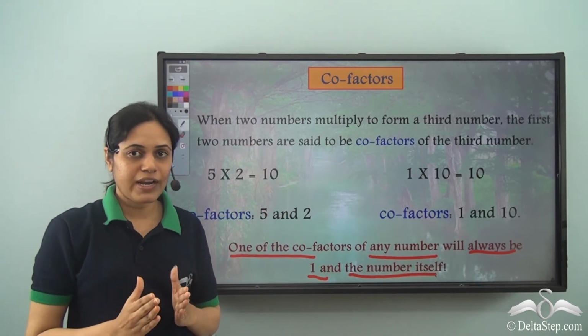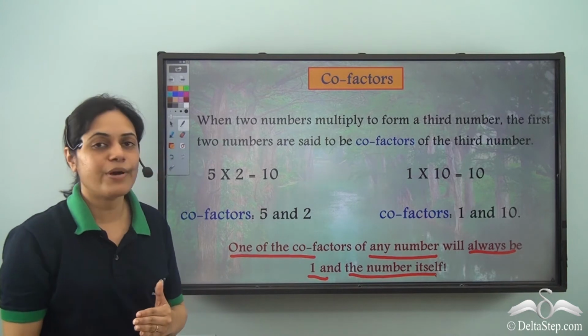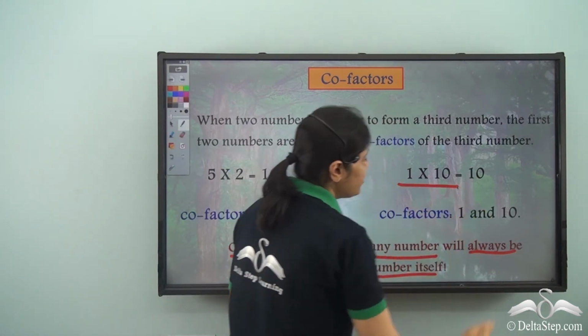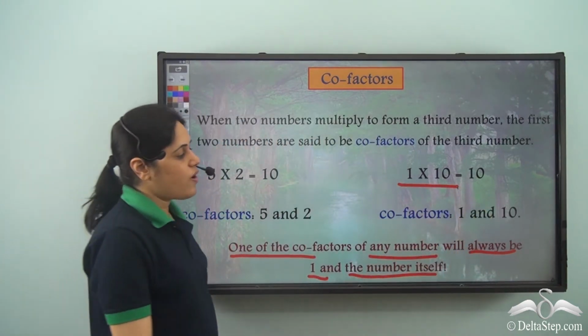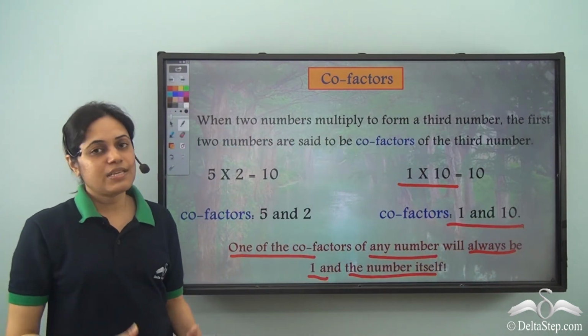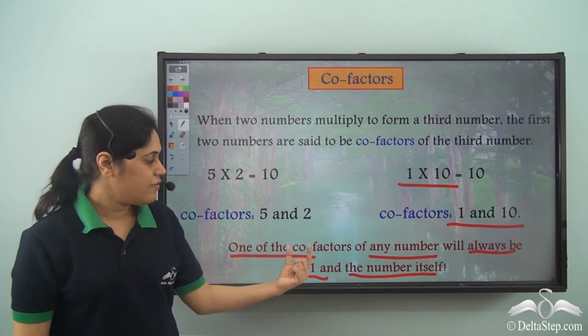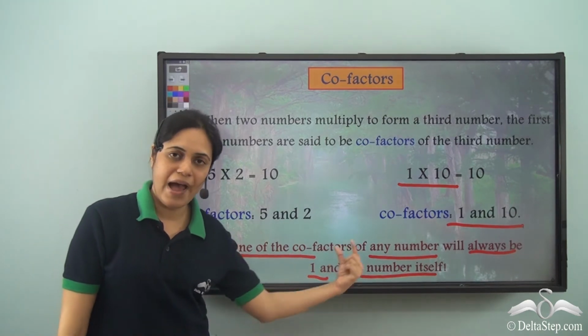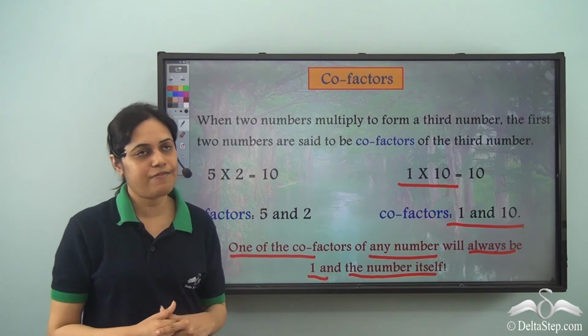Like in this case, 1 and 10. So 1 and 10 are the cofactors of 10. Similarly, for every number, one of the cofactors will be 1 and that number itself.